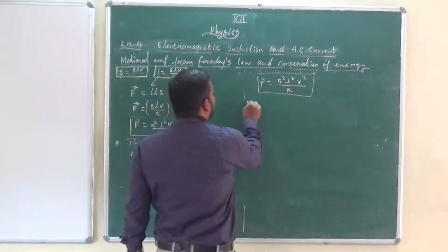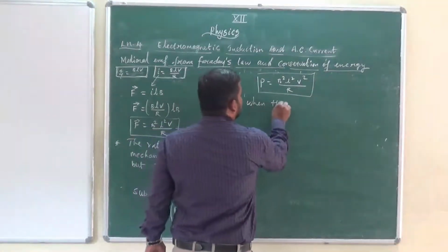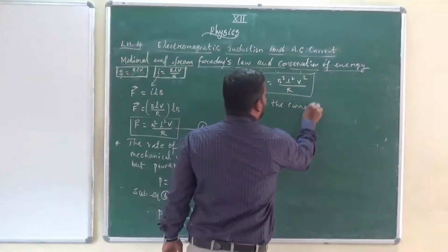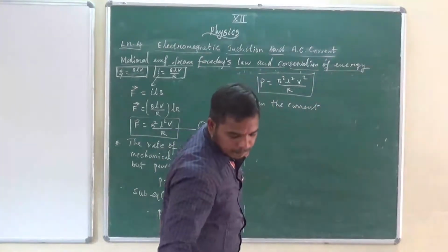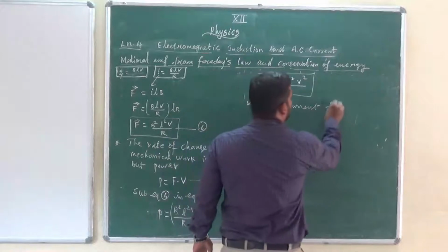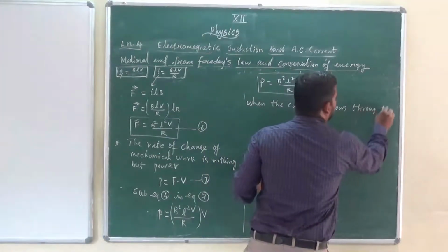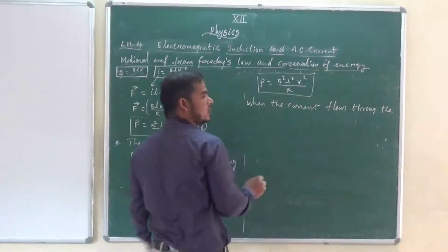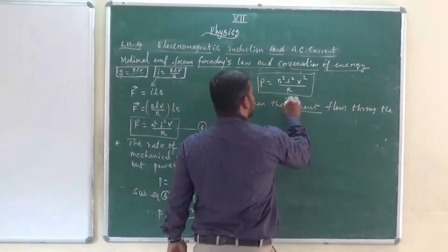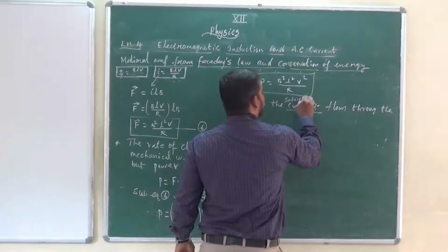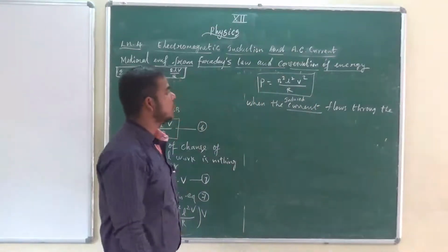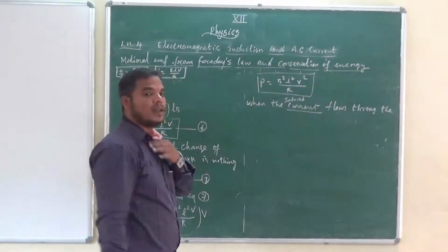When the current flows through the loop, what current means? Induced current. Due to the production of induced EMF, induced current is produced in the circuit. That is the final case.